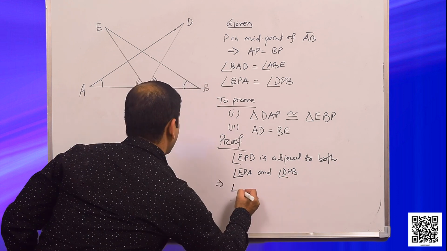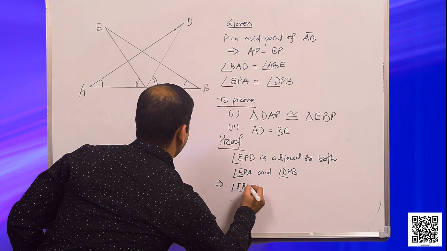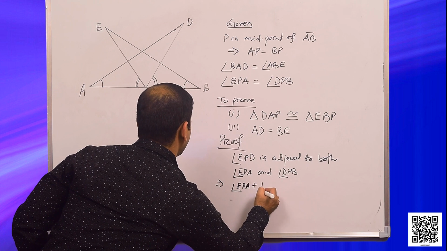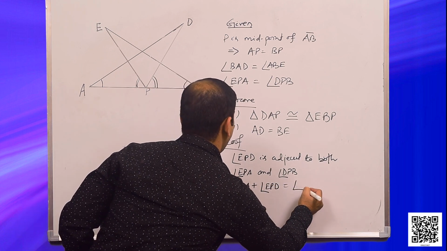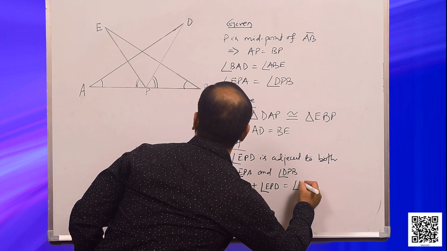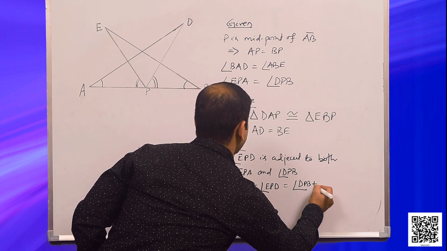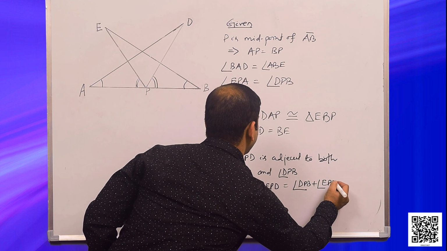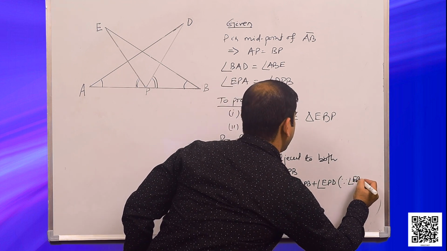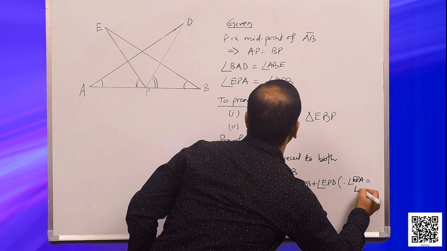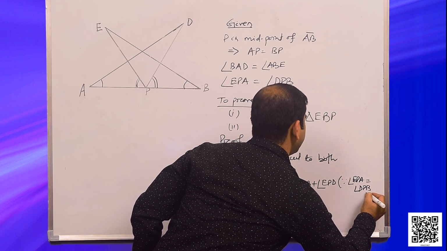That implies angle EPA plus angle EPD is equal to angle DPB plus angle EPD. Why? Angle EPA is equal to angle DPB, it is given.